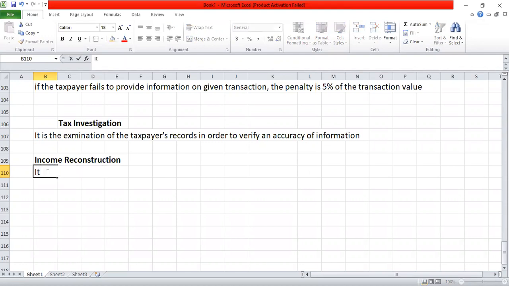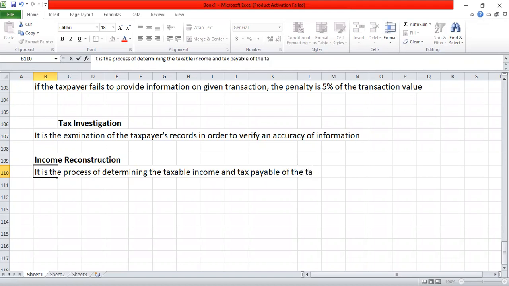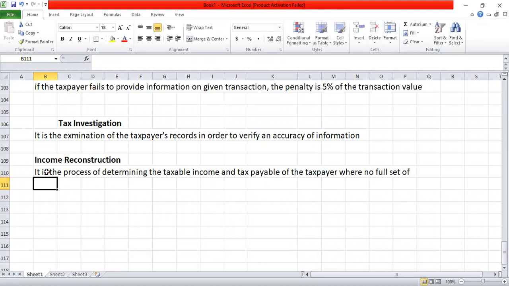So we say that it is the process of determining the taxable income and tax payable of a taxpayer if the taxpayer does not keep a full set of accounting records.